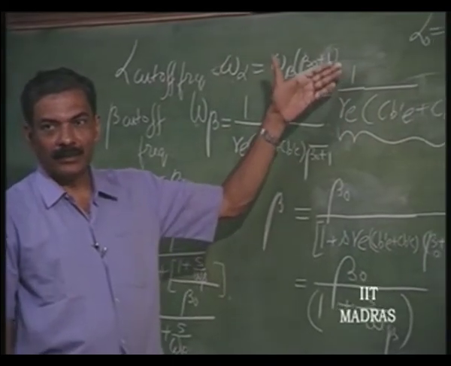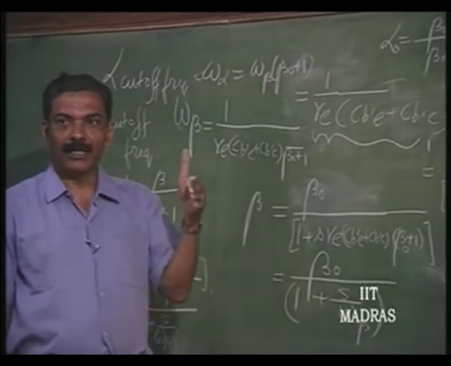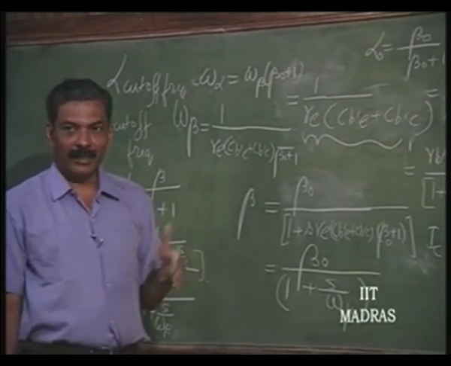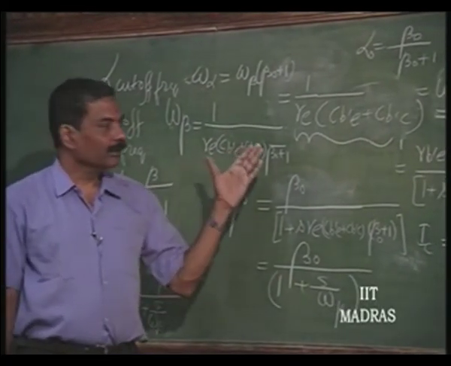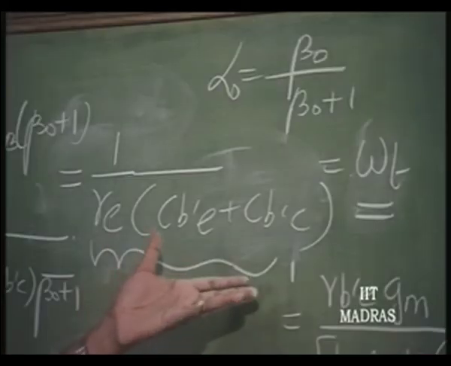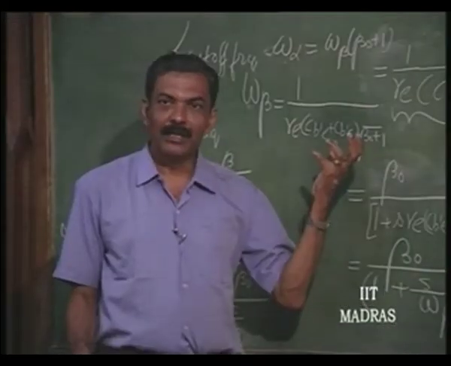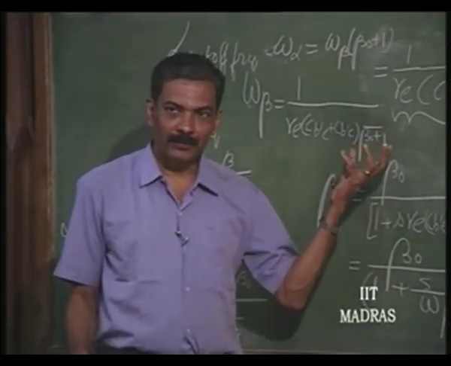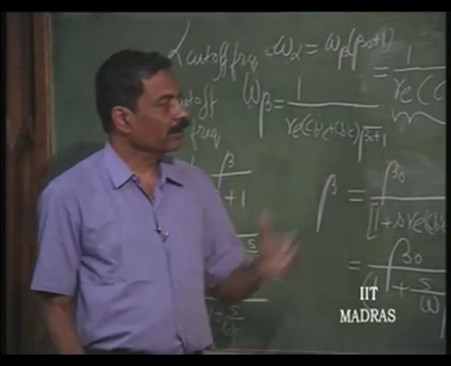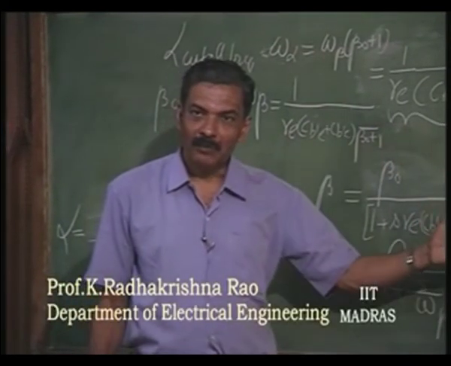Normal gain is Gm into Rc, and the bandwidth is determined by Rc into the capacitor C b dash E plus C b dash C. So, it is a measure which is called the gain into bandwidth product, current gain into current bandwidth.